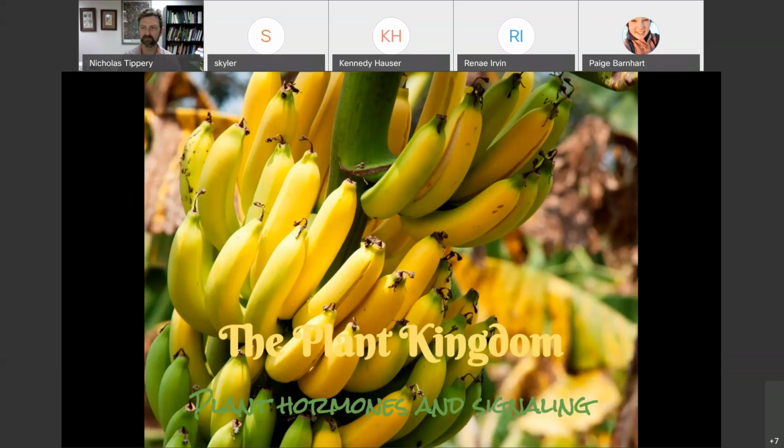So during the process of ripening, there's a signal. So these developing fruits on the banana plant get a signal, or maybe generate a signal that they should be ripening. And the process of ripening has them change color, change the sweetness of the fruit, maybe produce a smell, and so on.